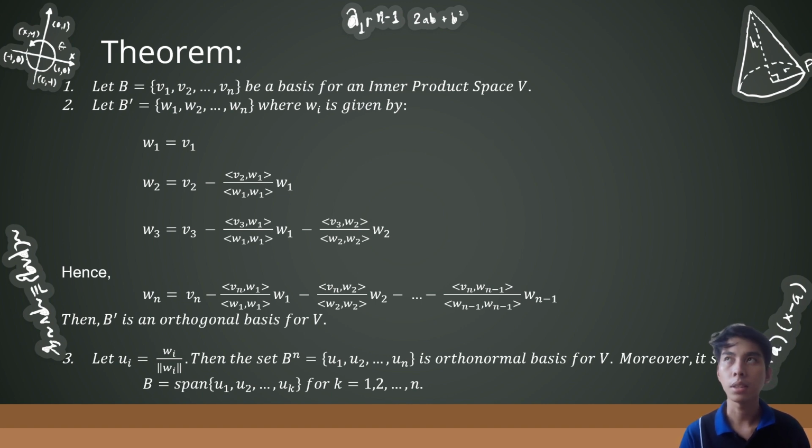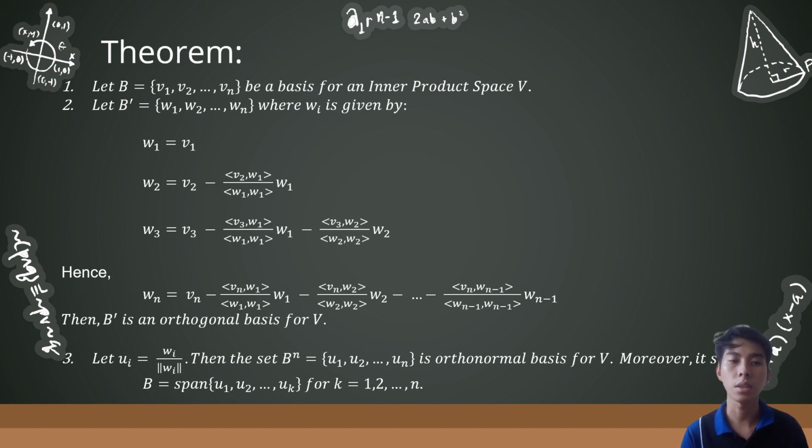We test this for orthonormalization, and if the unit length or the norms of these accumulated u sub n are equal to 1, then the u sub n is an orthonormal basis, and it spans b, our original set of vectors.